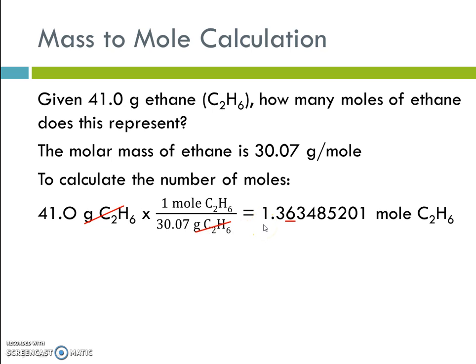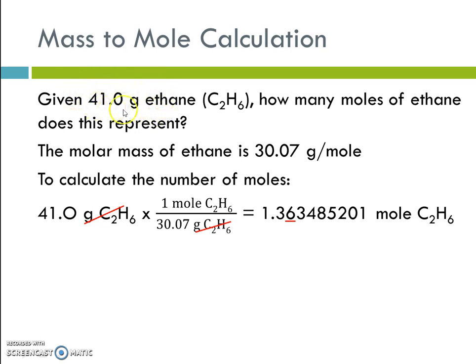That's going to leave us with moles of ethane, which is what we're trying to get. And when we plug it into our calculator, we get this big number with all these digits, 1.363485201.